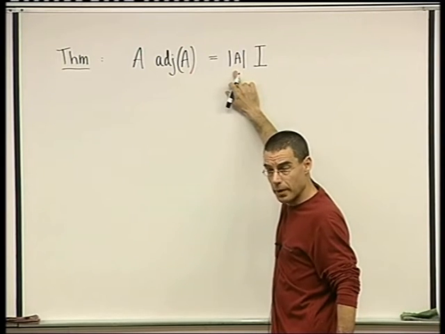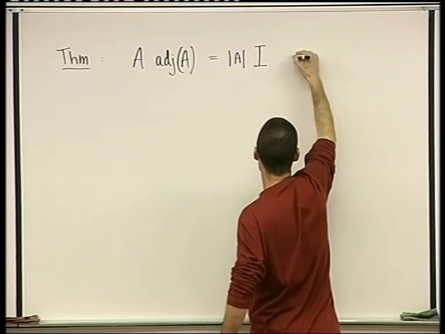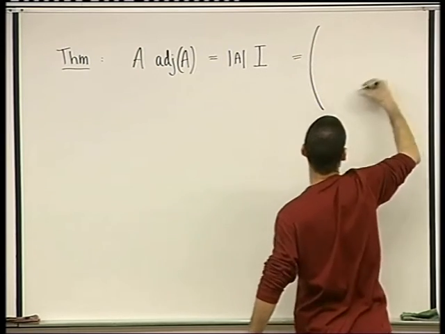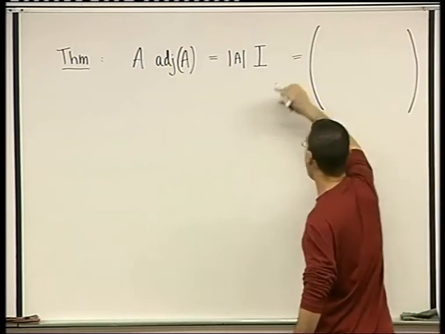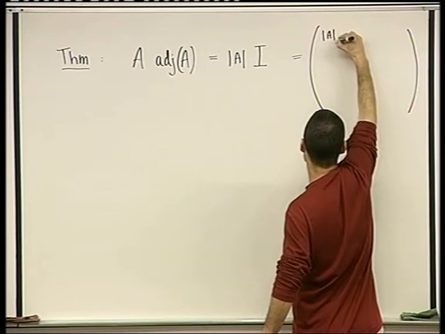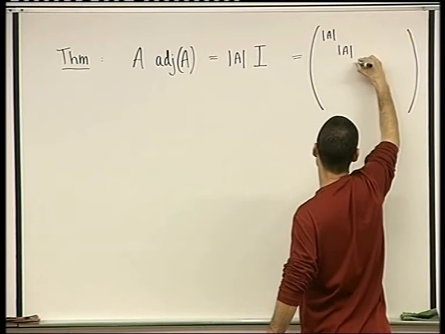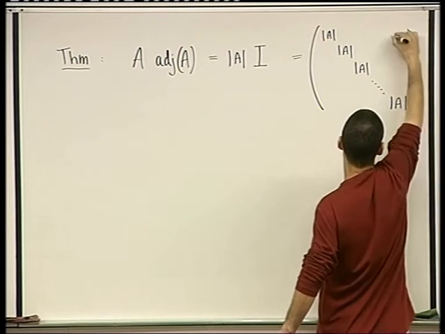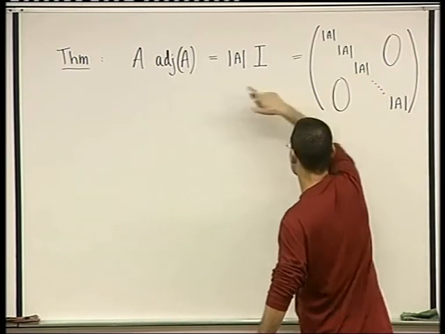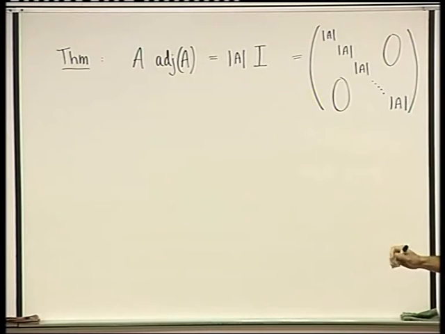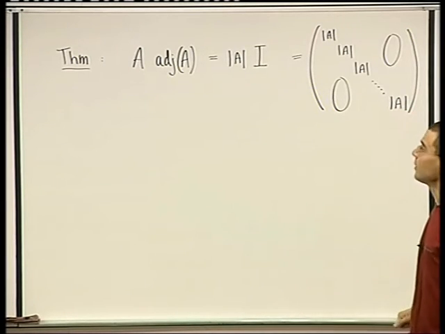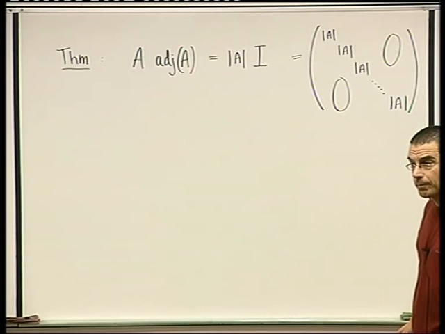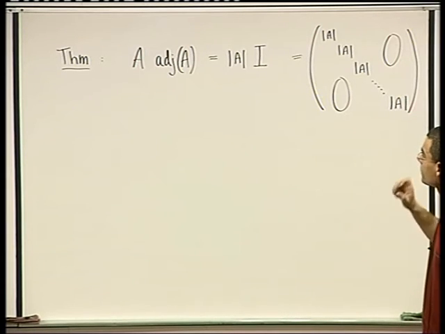This is a number. So this determinant of A times I is just a different way of writing the matrix which has the determinant along its diagonal and 0 in all the other entries. Do you agree that this is determinant of A times I? Okay? So that's this theorem.